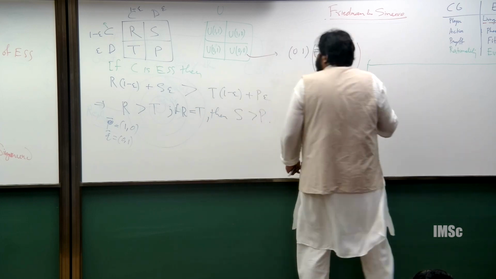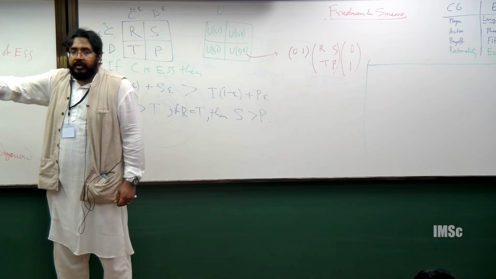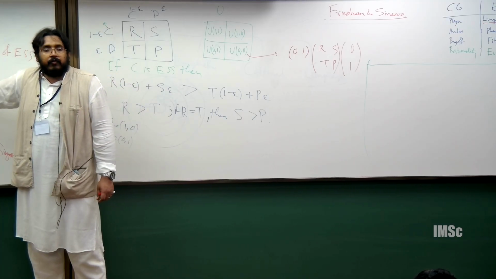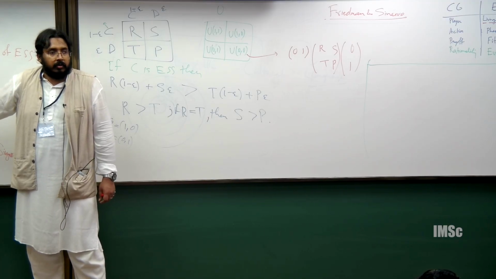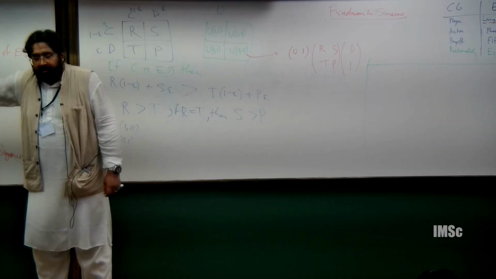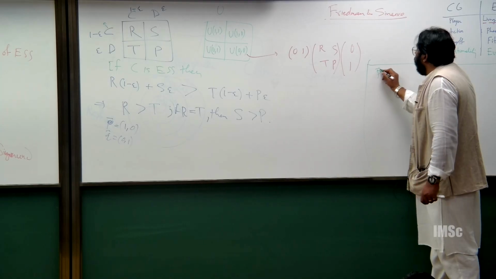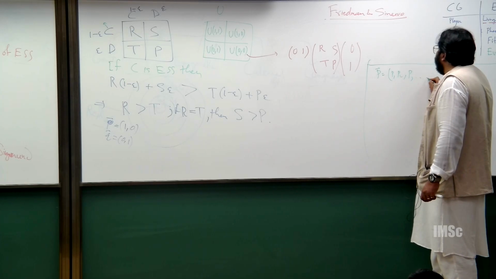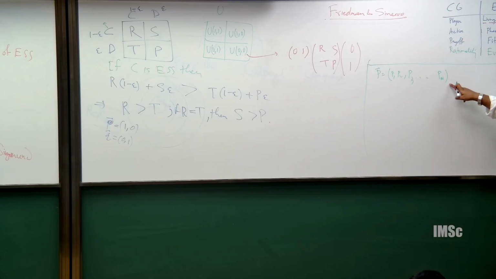I have consciously not written scalar P and Q; I have written vector P and Q, because these definitions are general, even for multi-action games. If I have a vector P, which is P1, P2, P3, up to Pn, an arbitrary vector, what is the space where it lies?